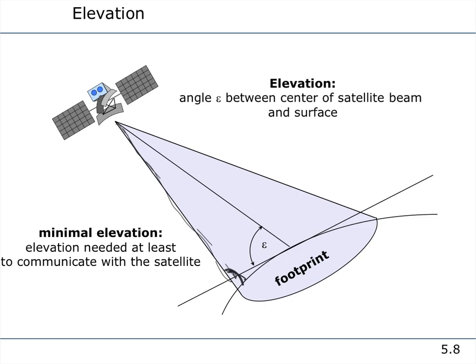Of course, you can imagine that if you have this elevation angle at 90 degrees, this line here will be the shortest, in which case you have good coverage on the Earth's surface.